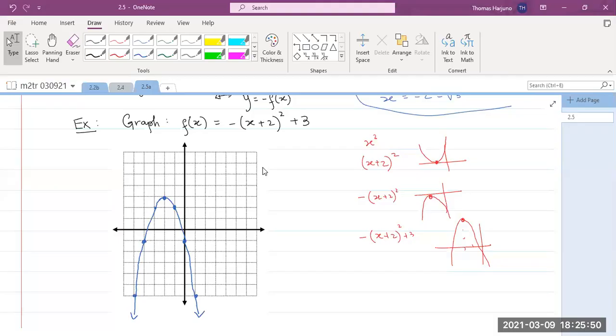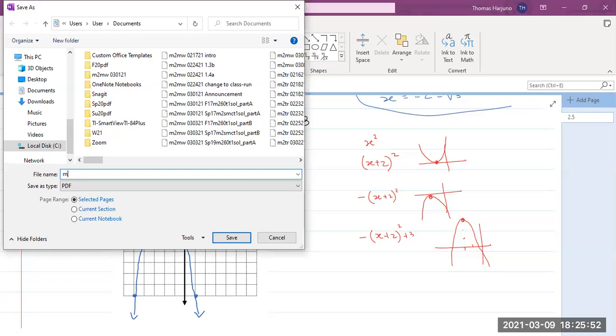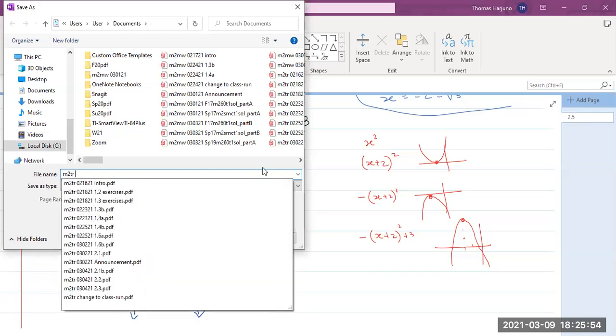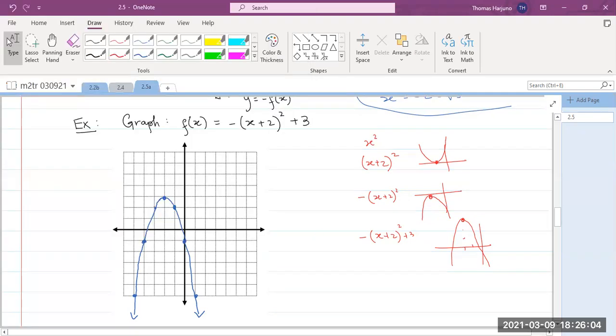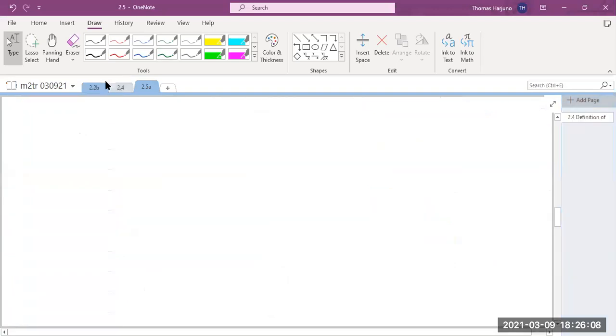Give me a second. This is math, Tuesday, March the 9th. That's on 2.58. We have 2.4.